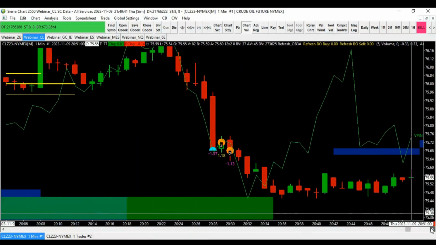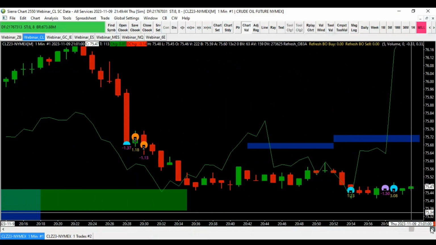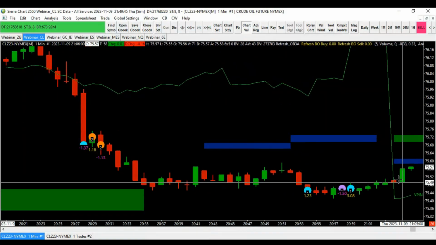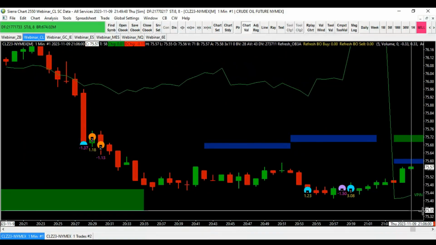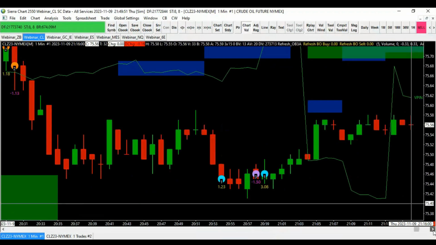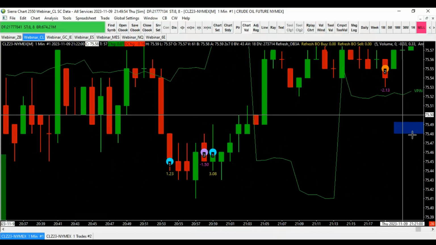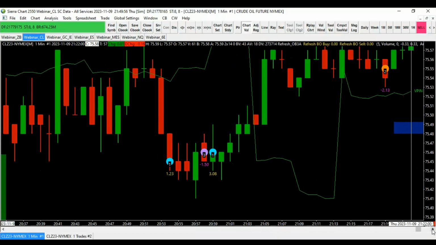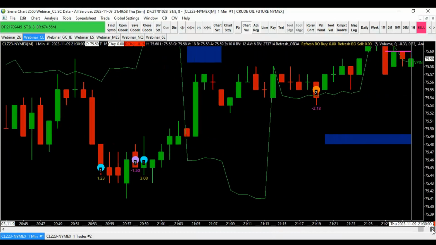Another bounce off the measured move. And then we got a big down move from VPIN, and another up move. I'm not sure if there were any more.